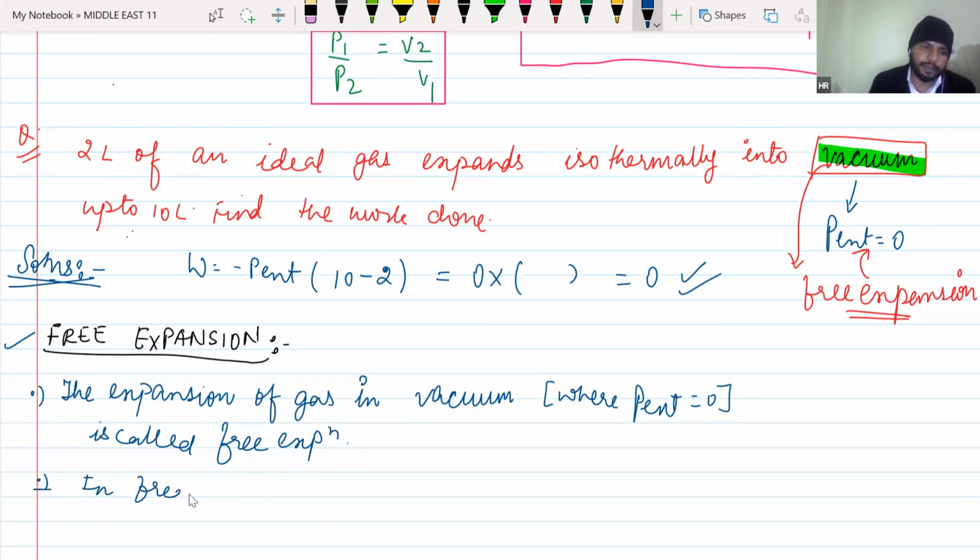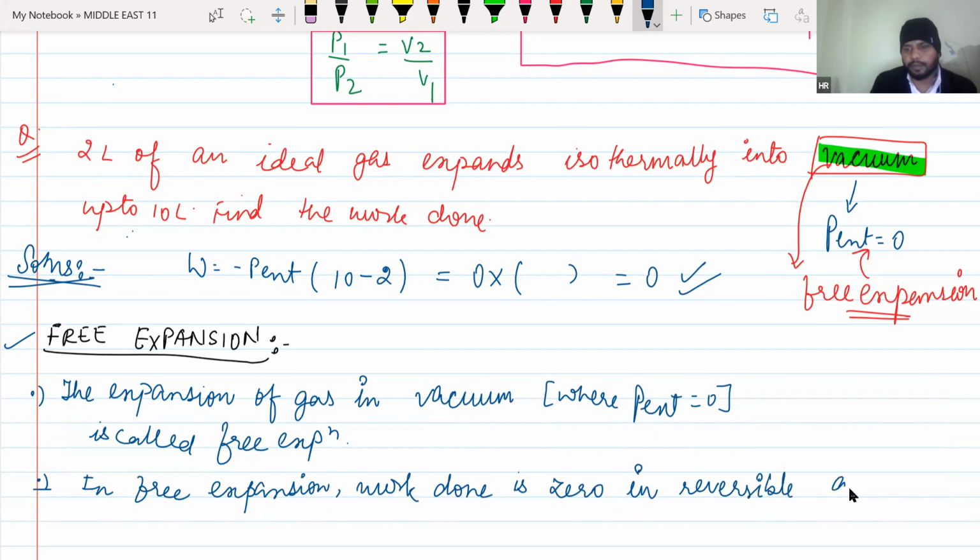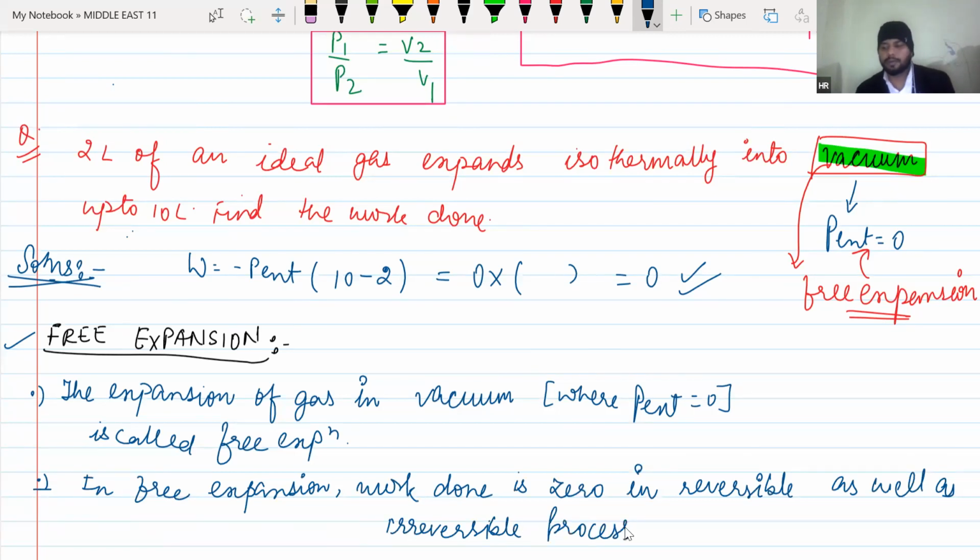In free expansion, work done is 0 in reversible as well as irreversible process.